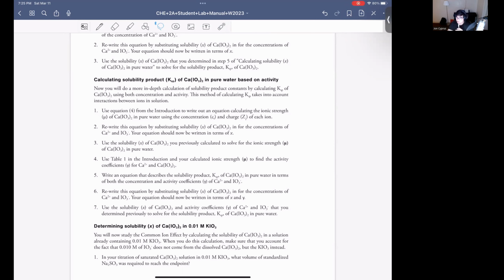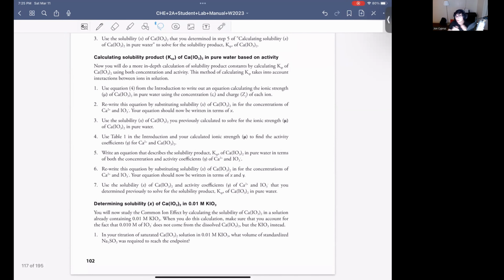Now, if you have other things in the solution, such as other ions, I think we're using potassium iodide in this one, it's going to change how much it dissolves, because if you have other ions in the solution that provide more interactions, more incentive for the molecule to dissolve, break apart in the solution, then they will. So that's what activity really is, it's taking into account these interactions in the solution.